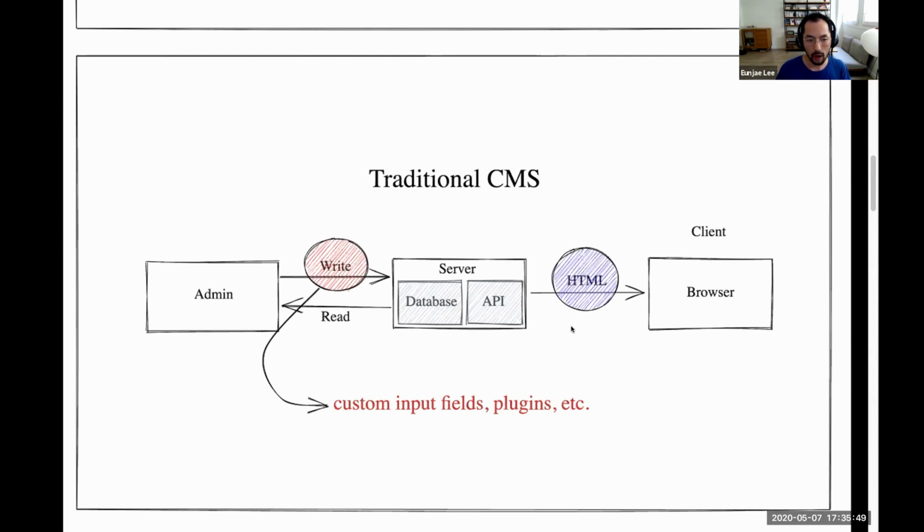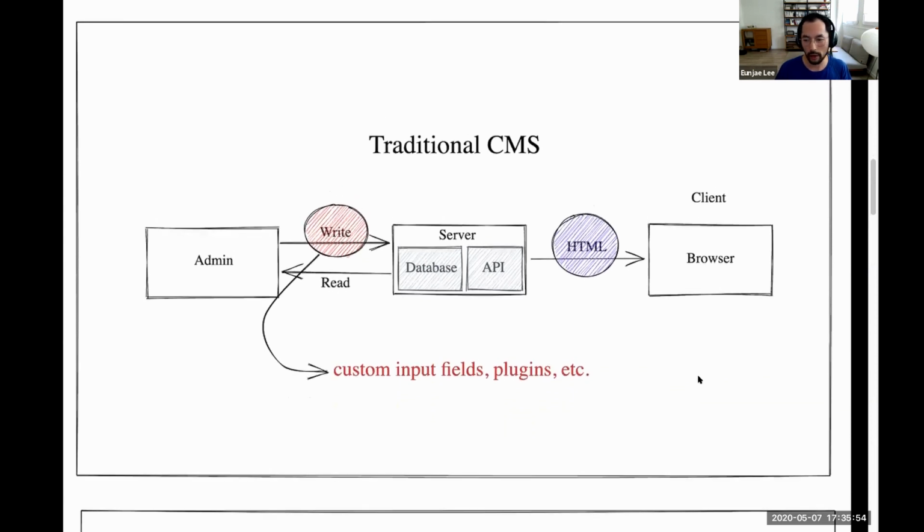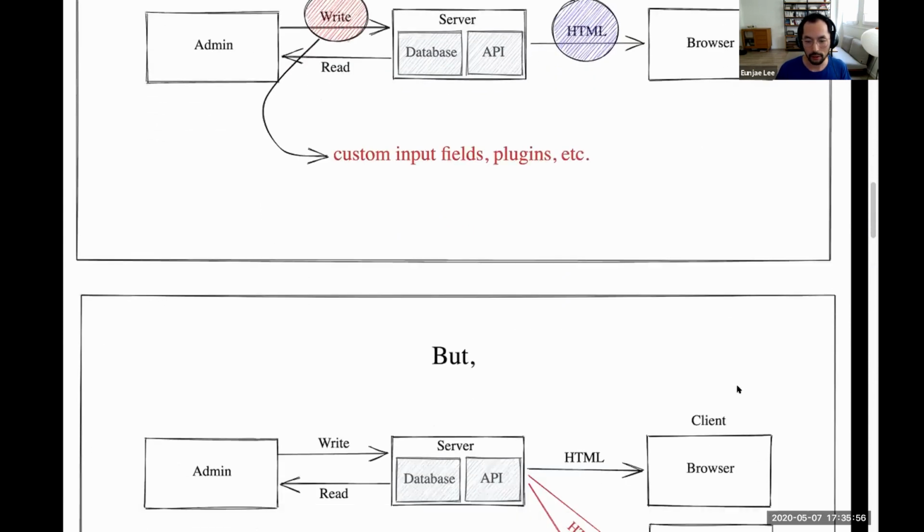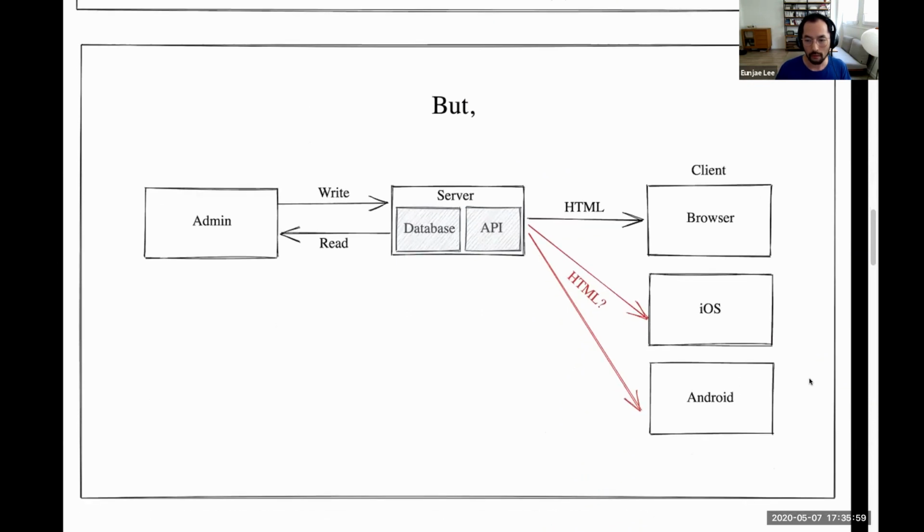So it gets very complicated. But let's say it's still okay, but the problem happens here. What if we want to have native mobile apps on iOS or Android? I'm not talking about mobile webs, but I mean iOS apps and Android apps. We cannot receive HTML. Of course, you can receive HTML and display it in a web view, but it's not performant. And what if we want to build real native apps? It doesn't work in this model.